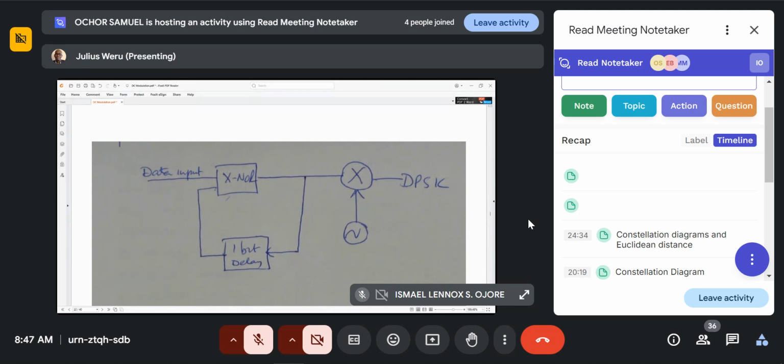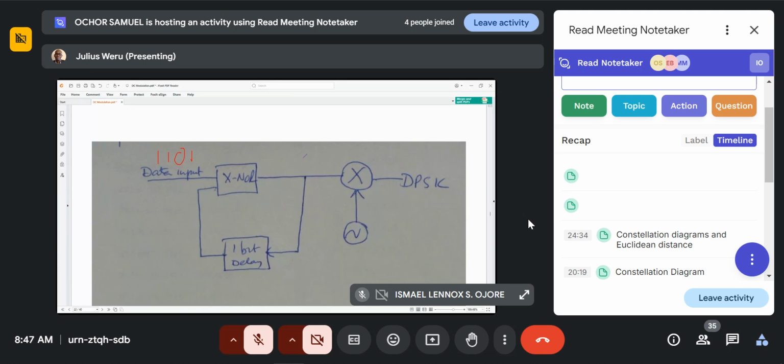What you are doing, you're just using an XNOR gate. We have an input. Maybe you are putting a 1, followed by a 0, followed by a 1, like that. When you put a 1, this is a 1-bit delay.